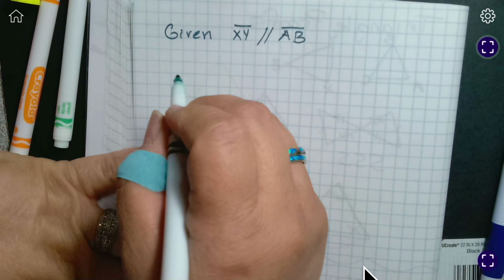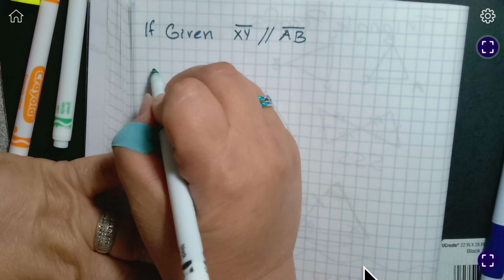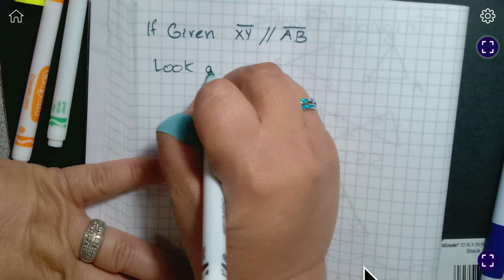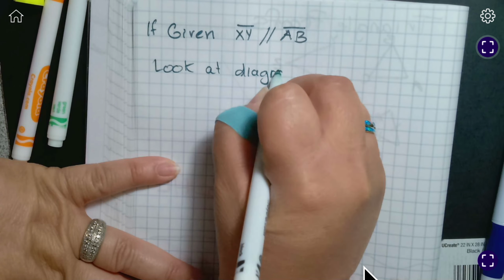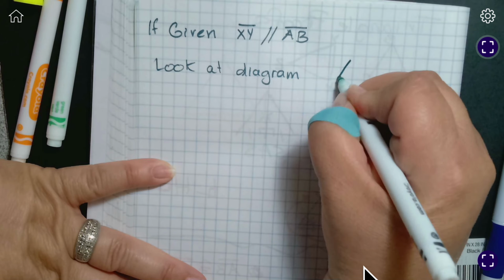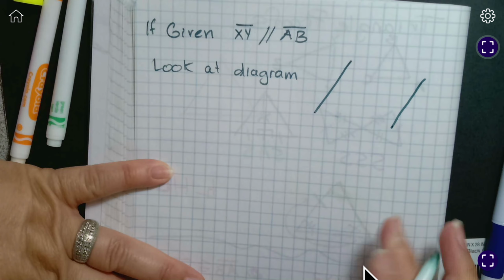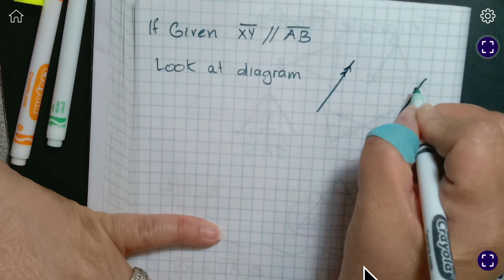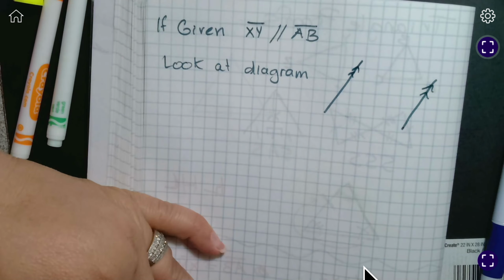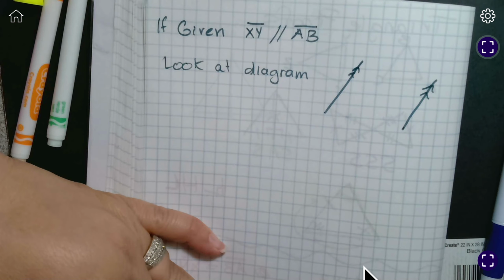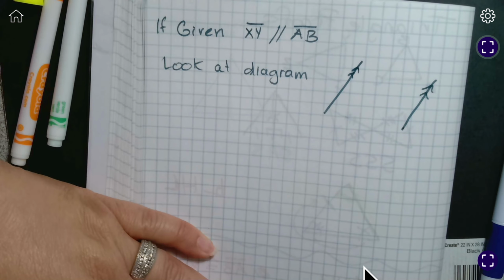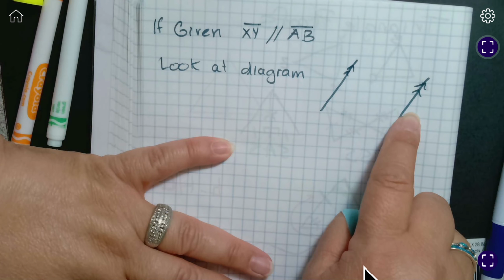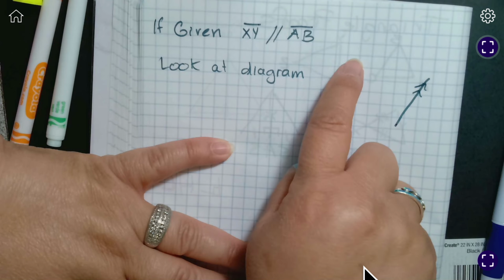So if you're given this, you look at the diagram and you want to find the parallel lines wherever they are. That's a symbol for parallel. And depending on what you need, there should be a line going from one to the other, and it could be a line going in this direction or this direction.